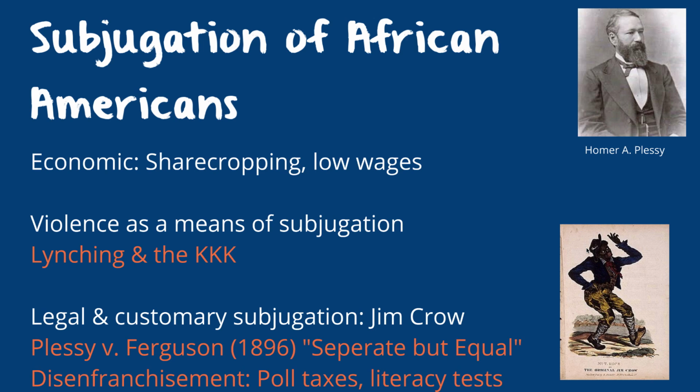And in the case of Homer Plessy, he gets on one of these white only rail cars and he is refused. He's arrested. He's convicted, and he's going to appeal his conviction all the way to the Supreme Court, where he loses. Okay? So he's not able to reverse that conviction. However, in this Plessy v.